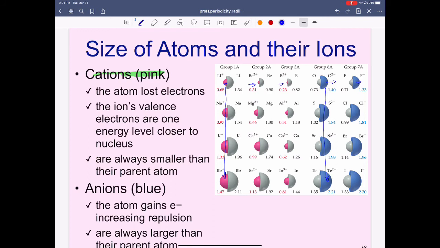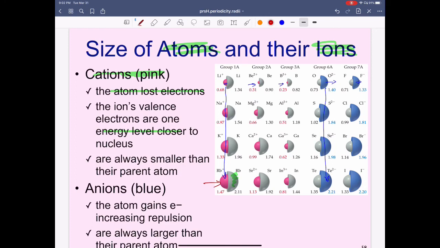But what we'd also like to look at is compare the size of an atom compared to its ion. We might call it a parent atom and the resulting ion. Again, cations are atoms that have lost electrons, and those electrons will be one energy level closer. Once these valence electrons are gone, the cation will be smaller.